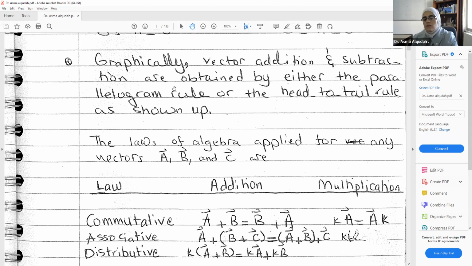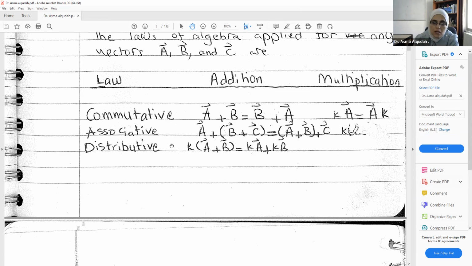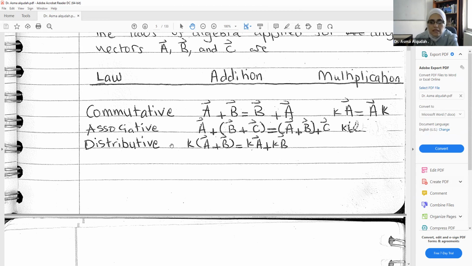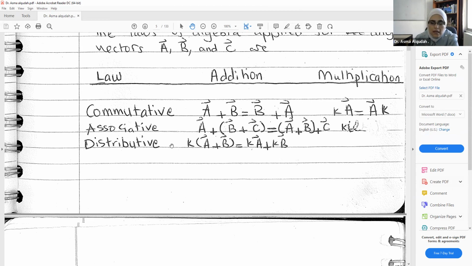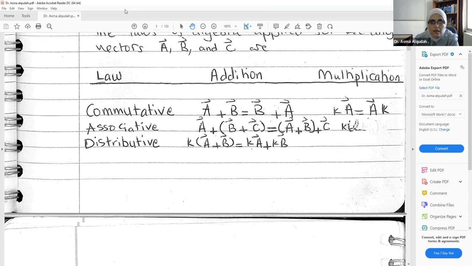As we are talking about vector algebra, the laws of algebra all apply to vector addition and subtraction. There are three laws. First is the commutative law. If we have A plus B, we can flip the order of the vectors so it's equal to B plus A. The order of the addition is not important.